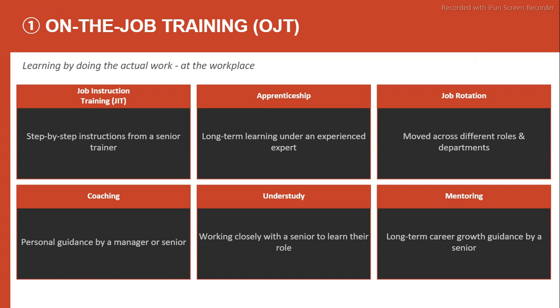As its name suggests, here employees are moved across different roles or departments. For example, an employee working in the production department can work in the quality department, then the maintenance department. This helps them develop multiple skills and a broader understanding.